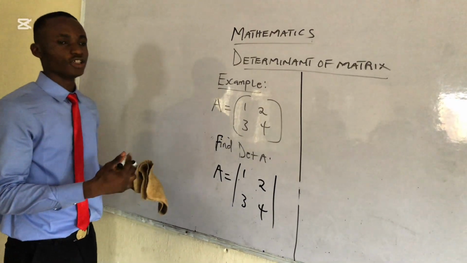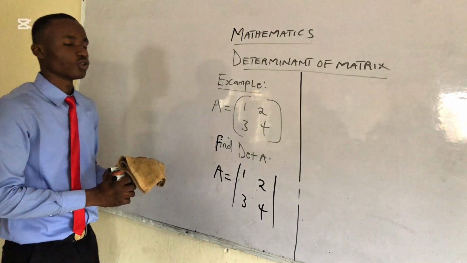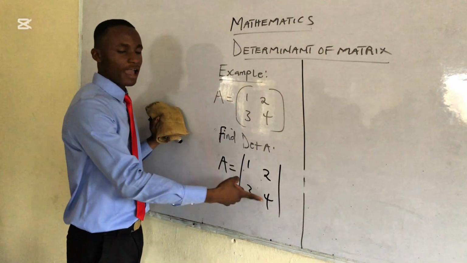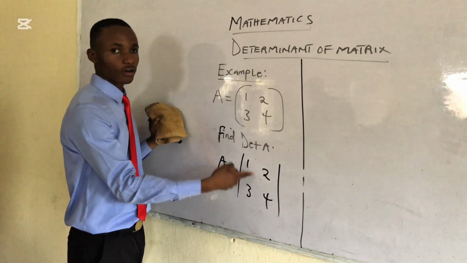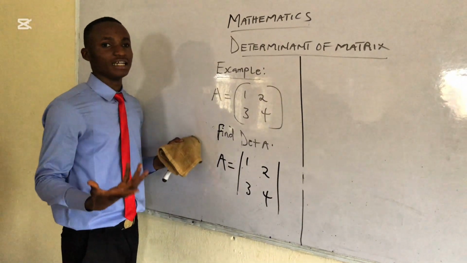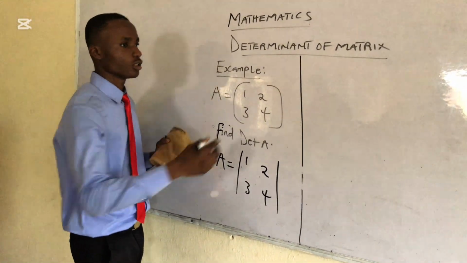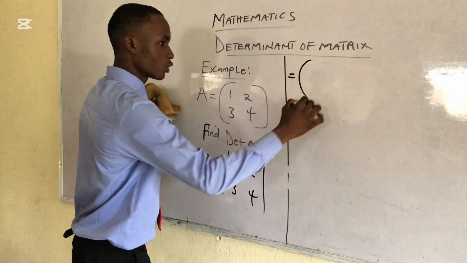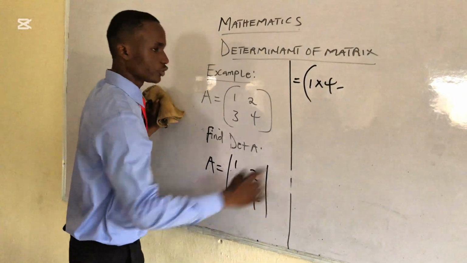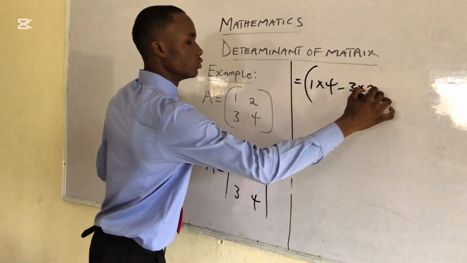Now the next thing is to get the determinant of A. So how do we do this? The first thing is we multiply 1 by 4, that is the diagonal element of each one. And then 3 we multiply by 2, and then we find their difference. So let's quickly do it. We have 1 times 4 minus 3 times 2.